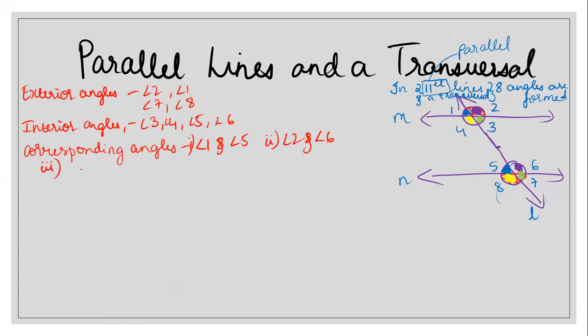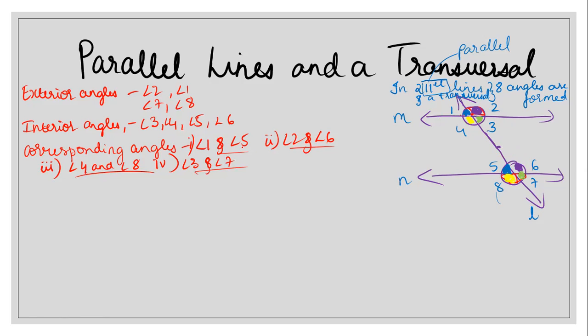The third pair is angle 4 and angle 8. And the fourth pair is angle 3 and angle 7. So these two are pairs, these two are also pairs, and each of these pairs are corresponding angles.